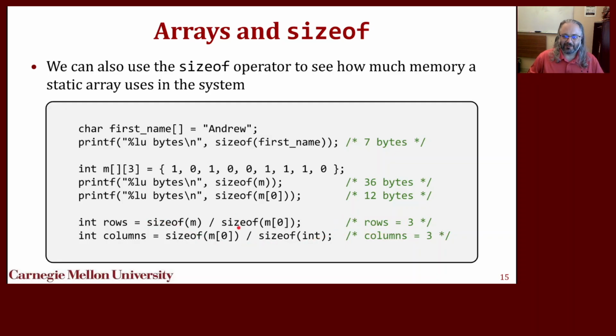Size of m divided by size of m0 turns out to be the number of rows. Size of m0 divided by size of an integer, or size of m00, is the number of columns, 3. So we can programmatically get the number of rows and the number of columns for our array. This ends up being a nice little construct that we'll come back to and use again at a later time.